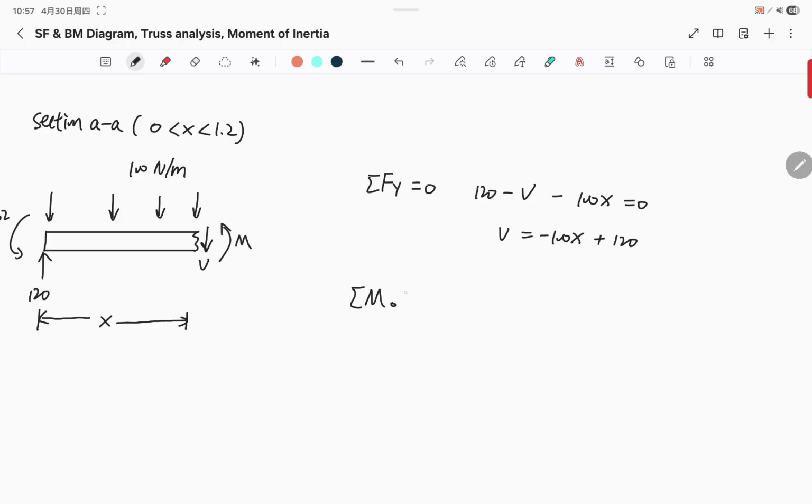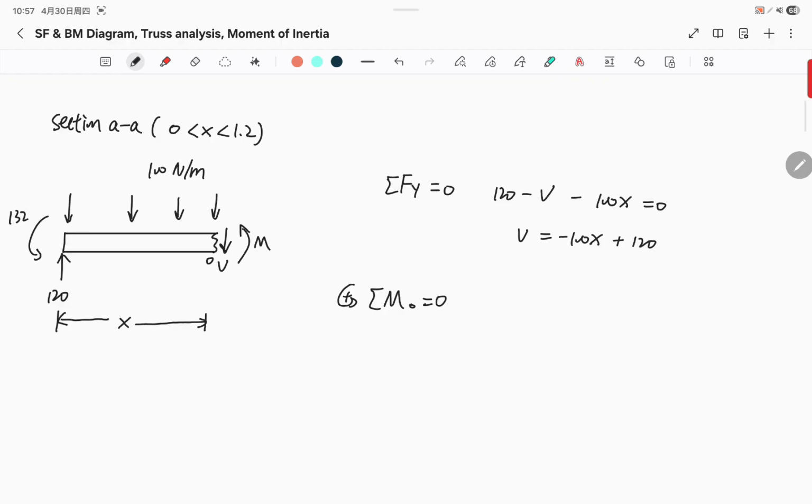Sum of moment at point O. Point O is at where we make a cut. Equals 0. So we have the moment itself plus the given 132.